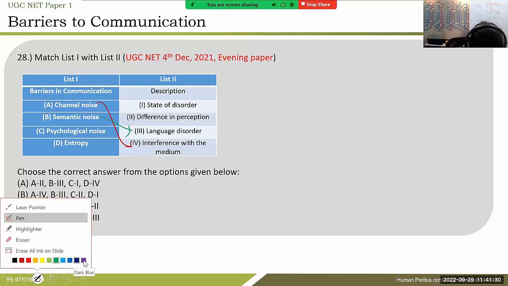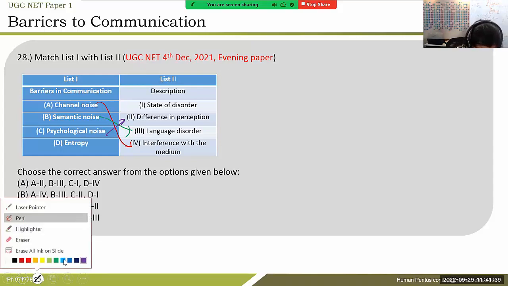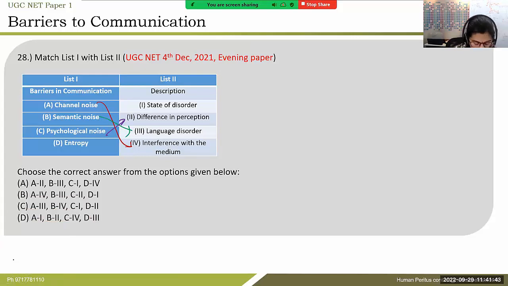Psychological noise is related to difference in perception. And entropy, because it is giving you various kinds of unpredictable messages, becomes a state of disorder. So here option B is the correct answer.